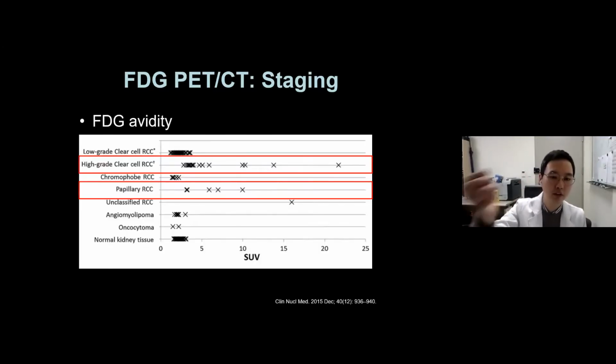But interestingly, there are also some reports about the accordance between the FDG avidity and the cell type of renal cell carcinoma. Normally, the high grade, clear cell renal cell carcinoma, or papillary cell type showed a high SUV, high FDG avidity compared to low grade, chromophobe, or other benign tumors.